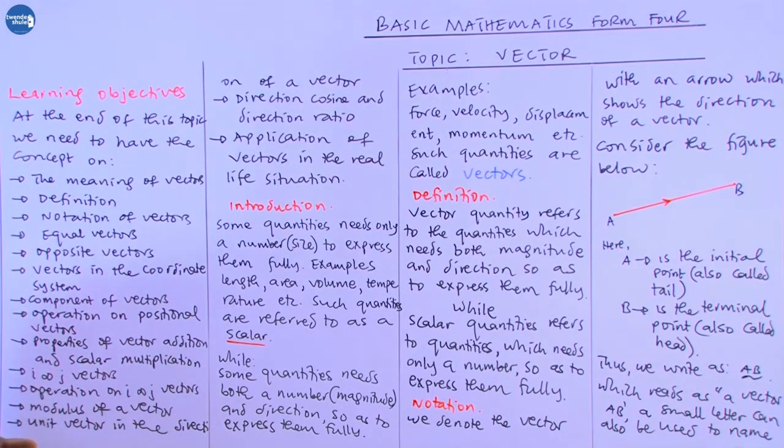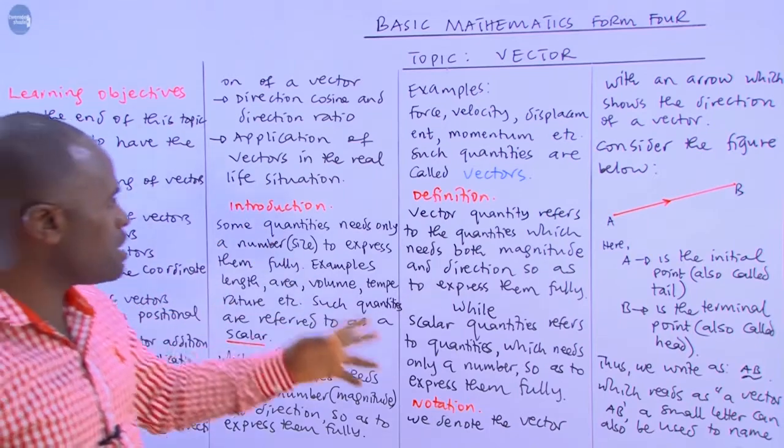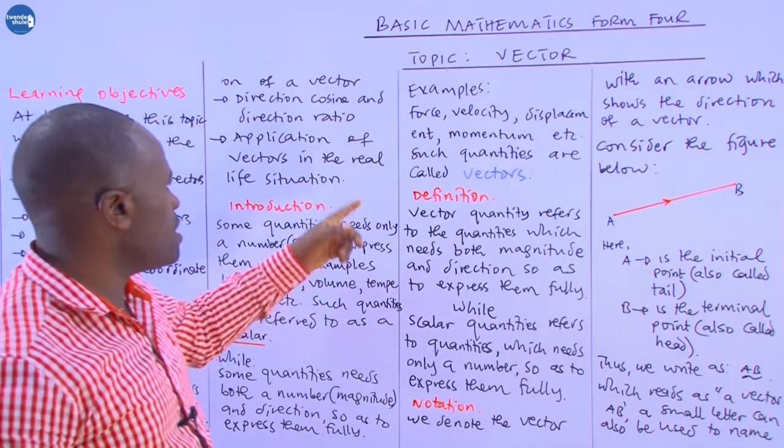But quantities which need to be expressed using both magnitude, I mean size, and direction, considering a fired bullet, let's say, such things we call vectors. So we can give the definition.